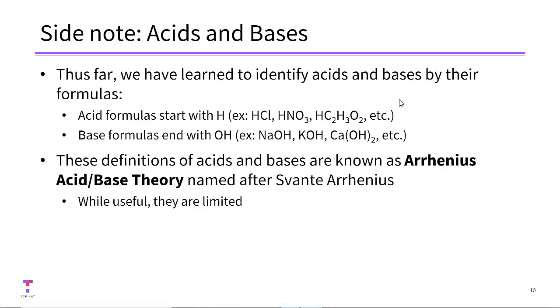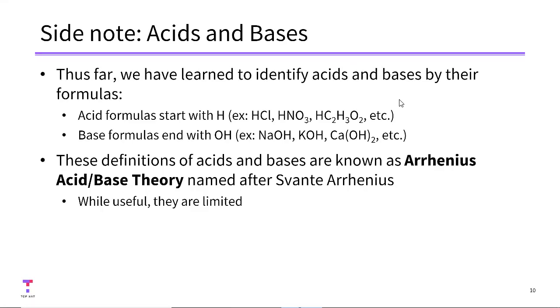The problem with this approach is that it's kind of limited. There are things that are acidic that don't really have that H in the front of the chemical formula. There are things that are basic that don't have that OH on the backside of the chemical formula.